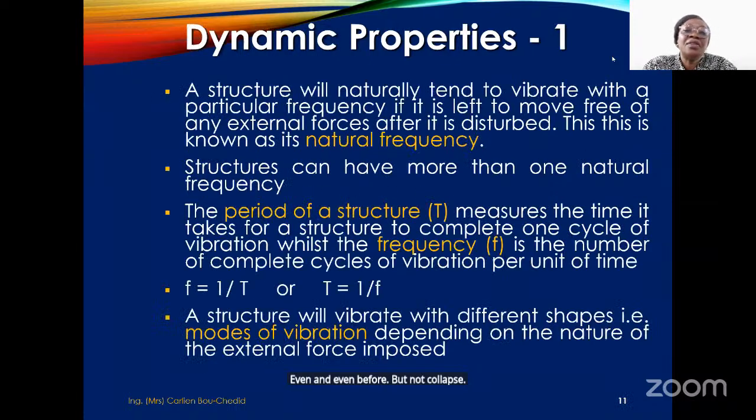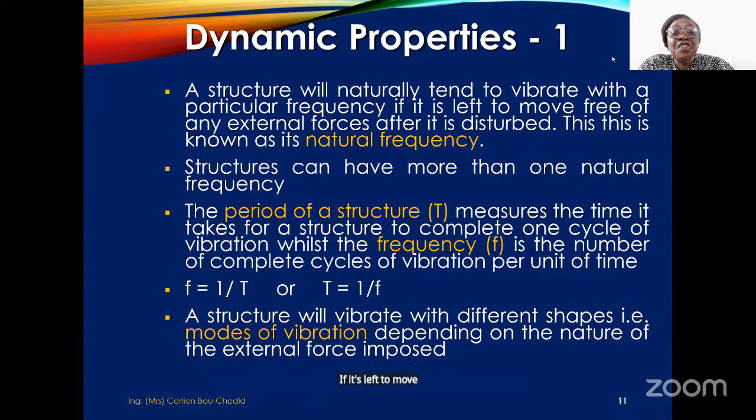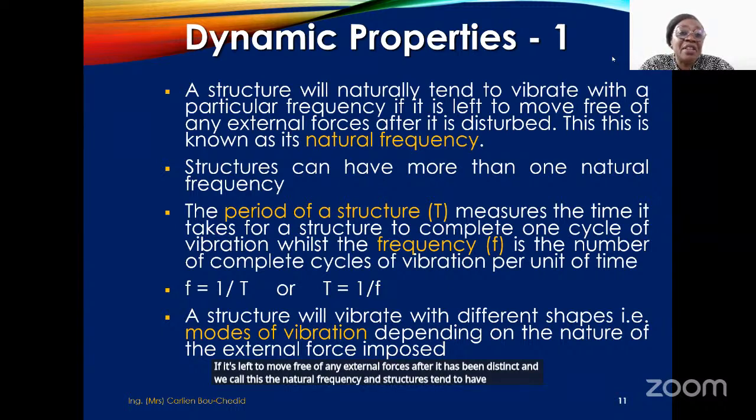So let's take a look at the dynamic properties. A structure will naturally tend to vibrate with a particular frequency if it's left to move free of any external forces after it has been disturbed. We call this the natural frequency, and structures can have more than one natural frequency.